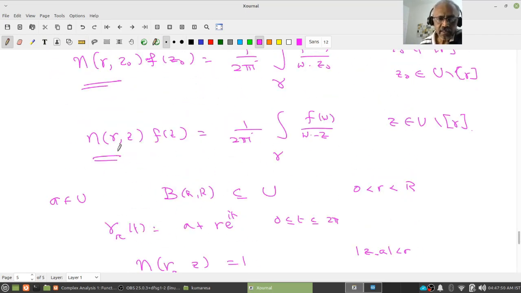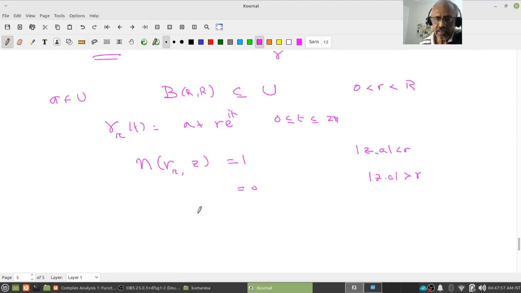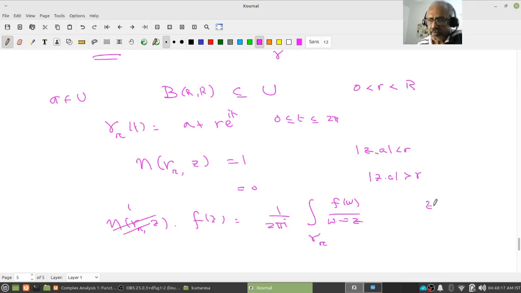If gamma is gamma r, then for every z in B-bar, I have n gamma r of z into f of z equals 1 by 2 pi i integral of f of w by w minus z over gamma r. This is 1 if z lies in the ball B-bar.